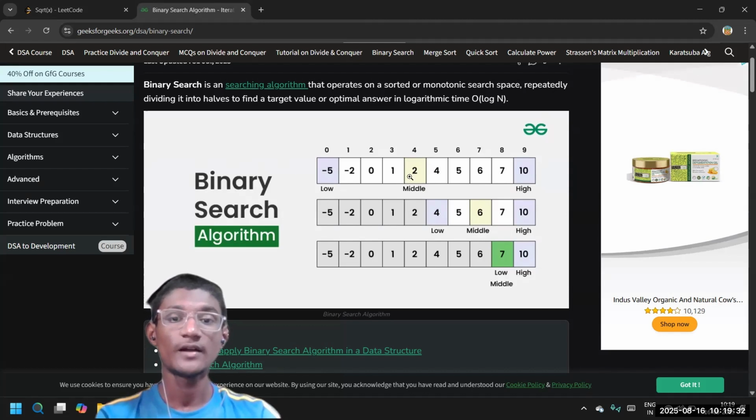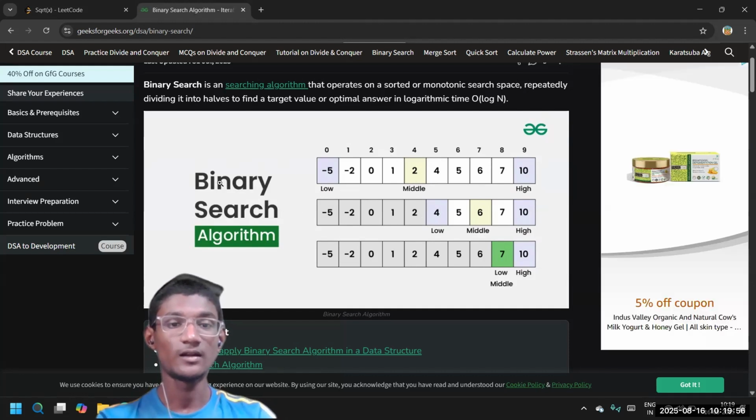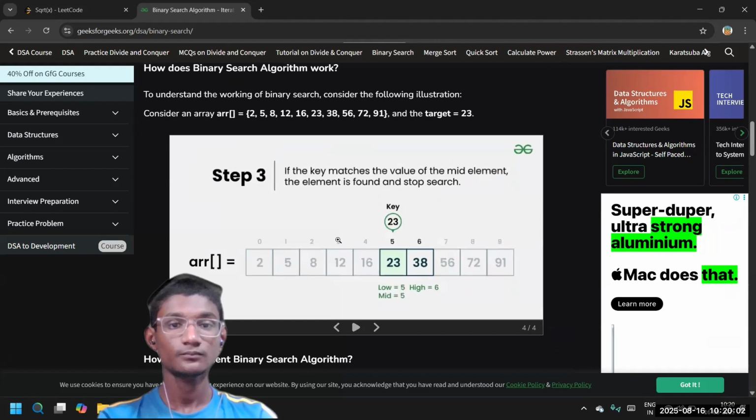When we find the middle value, if it is not equal to the target, then we should go to the left side or the right side, which is decided based on the value of the middle. So we divide the range by 2 each time. That's why it is called binary. Binary means 2, right?